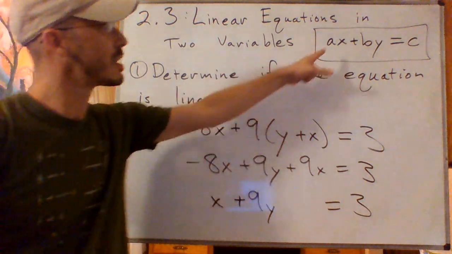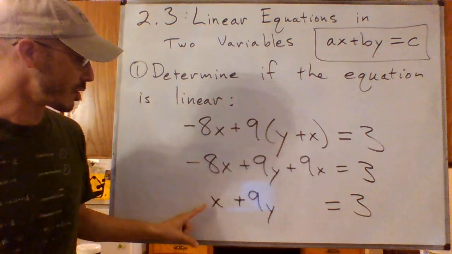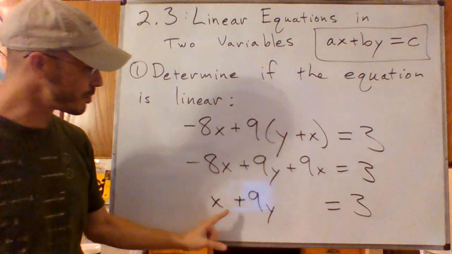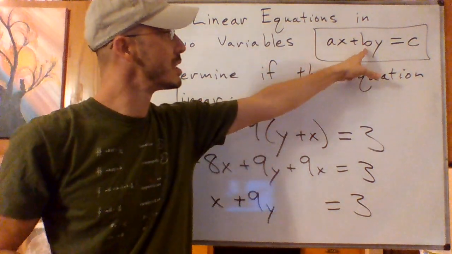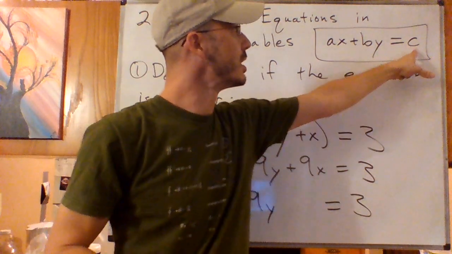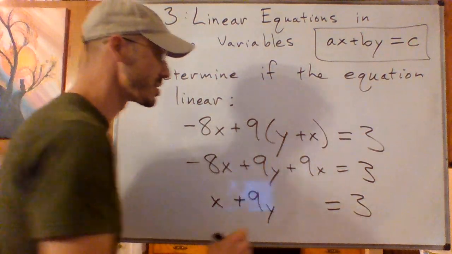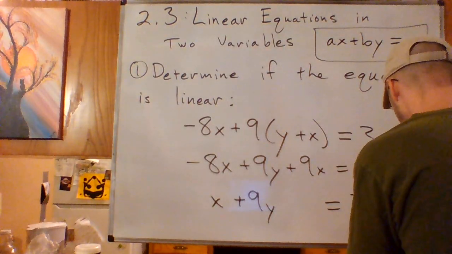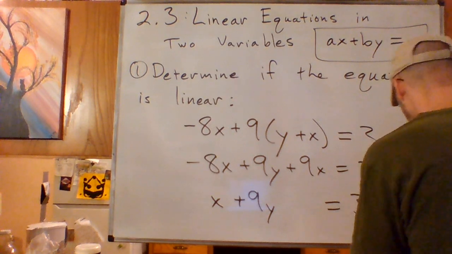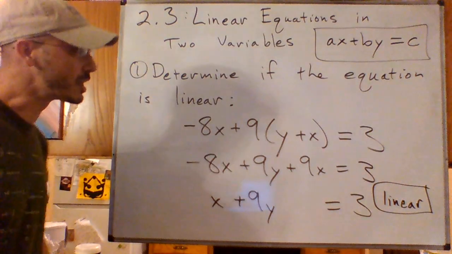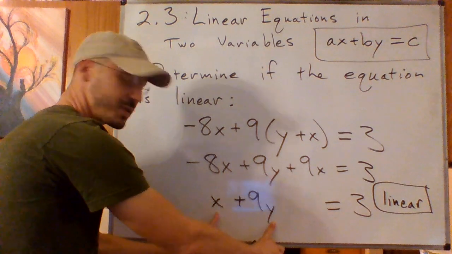That's exactly of this form. That's 1x, so the a is 1, plus 9y, so the b is 9, equals 3, so the c is 3. And yes, this is a linear equation in two variables.